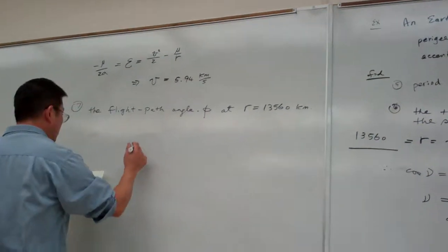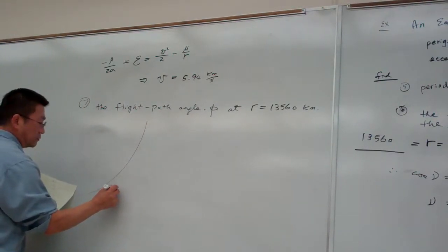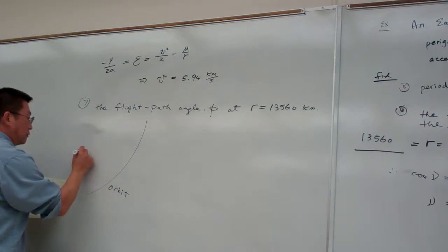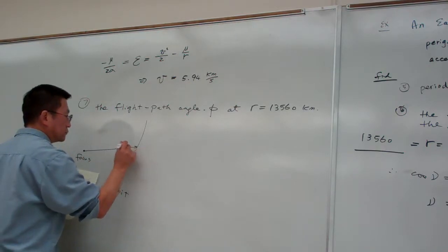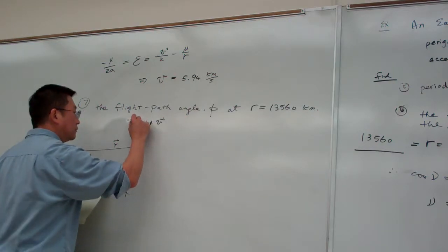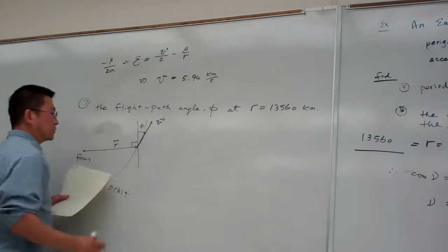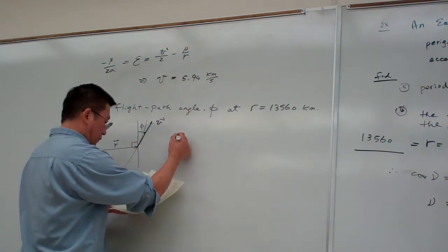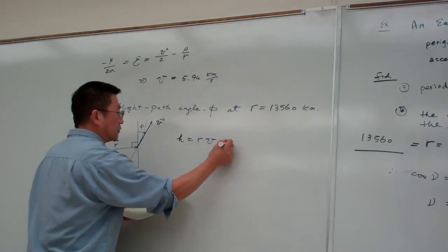So from here, let me do this one. This is the orbit, the focus, and this is the phi. Okay, so h equals r v cosine phi.